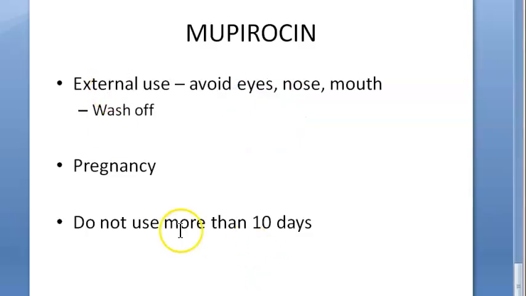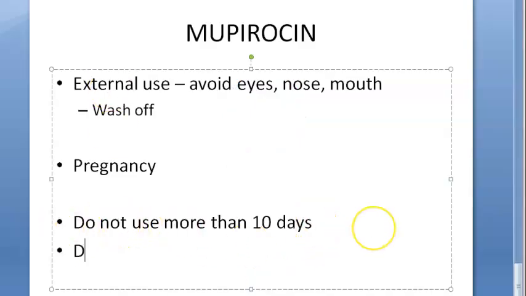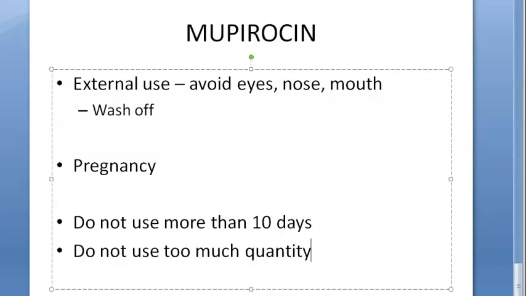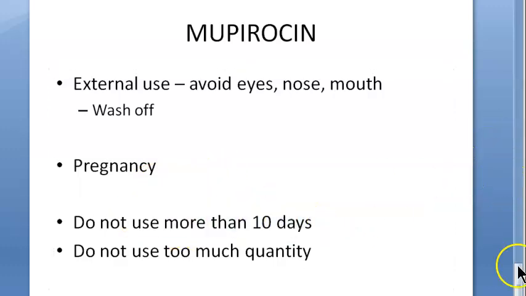It is for external use. Avoid eyes, nose, mouth, etc. If it gets in contact with those, wash it off. And you can use it in pregnancy, they are saying. So do not use it more than 10 days. We already told you.